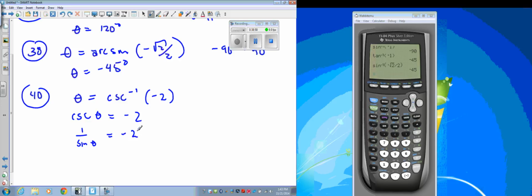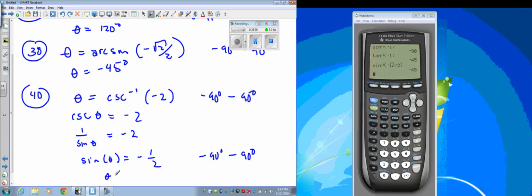Now, if you flip that over, technically we're looking for theta, where the sine of theta is equal to minus 1/2. And the range for cosecant is the same as the range for sine. This one you're looking for from minus 90 degrees to 90 degrees, if you do sine inverse.